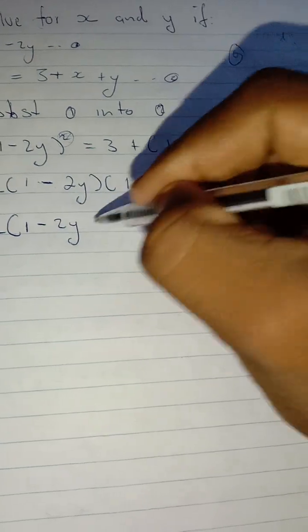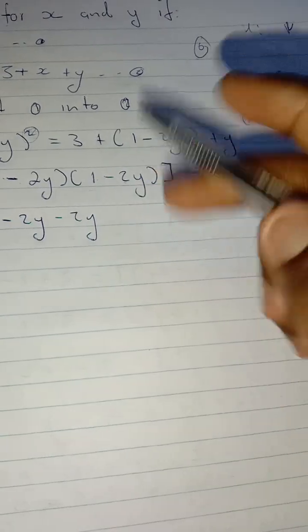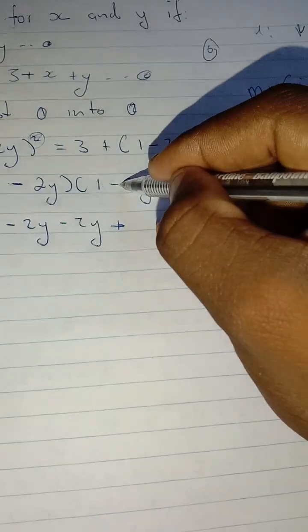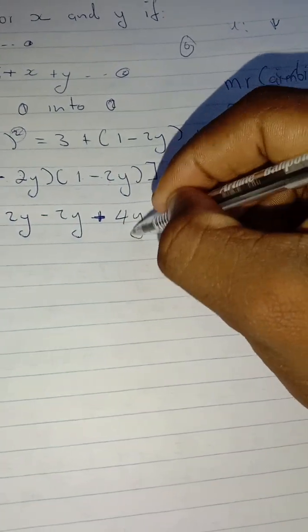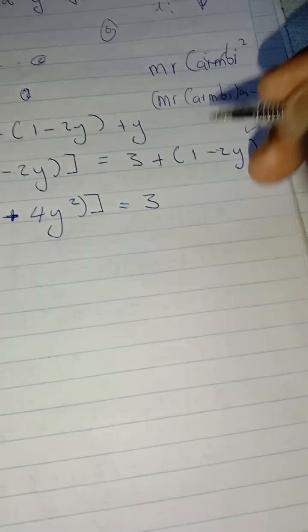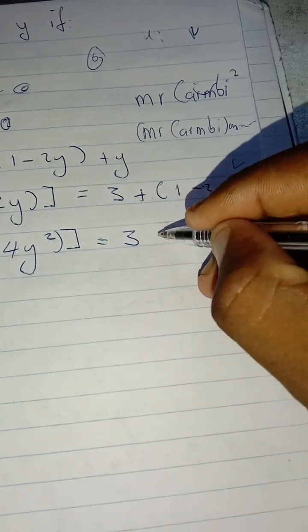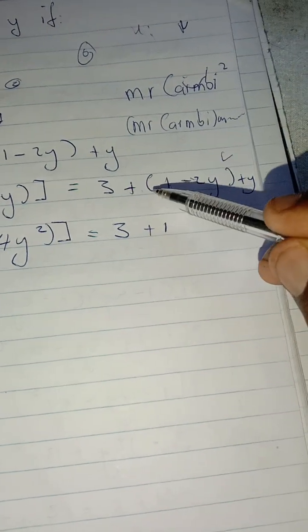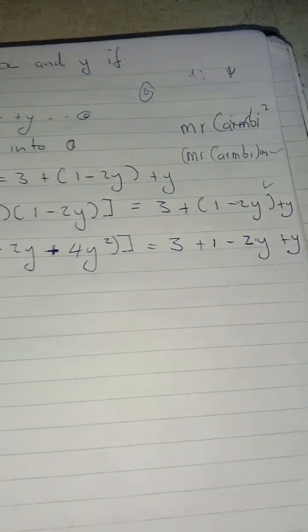Negative 2y times 1, negative 2y, and then negative times negative, it's positive, and then 2 times 2, it's 4y squared, equals to 3. Then let's get inside here. Positive times positive 1, it's 1, and then positive times negative, it's negative 2y plus y.